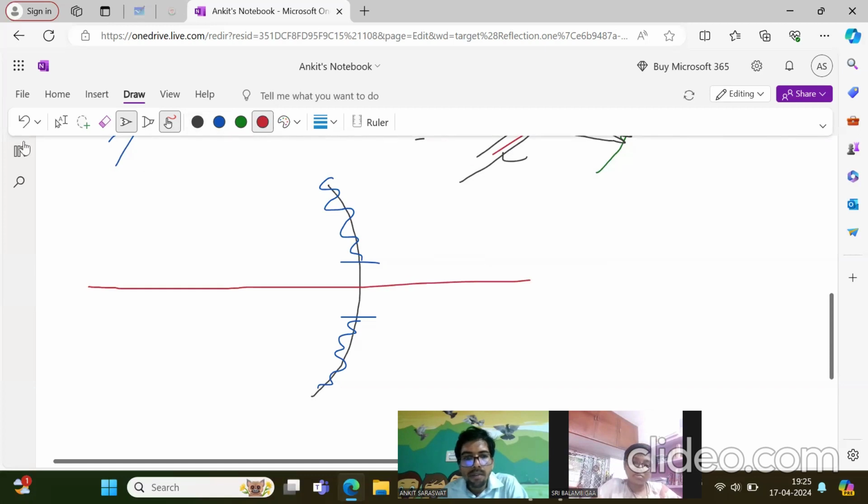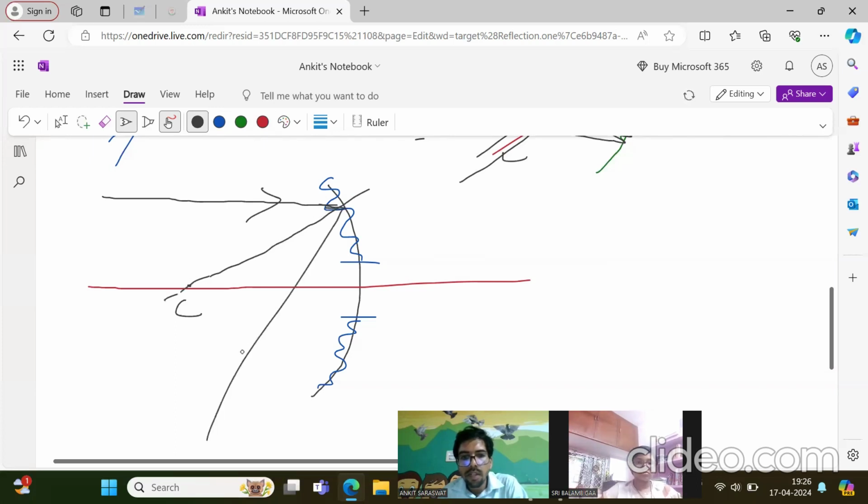This is happening because if some rays come like this, due to this curved surface, if you draw the normal from the center of curvature, it will go like this. If any ray comes here, it will go like this.